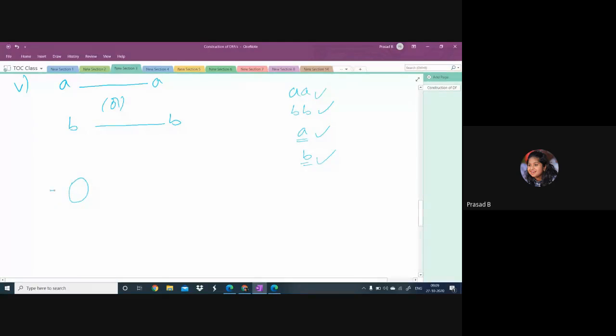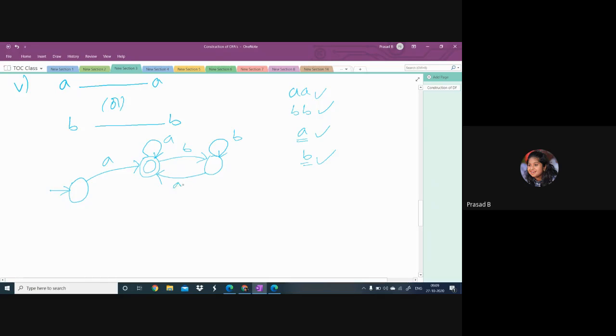Now if first is A and the last is A, we go this way, and the smallest string is A, so it goes to final. As long as it is ending with A, it stays final. If it is ending with B, it is non-final, and as long as it ends with B, non-final, and ending with A, final.